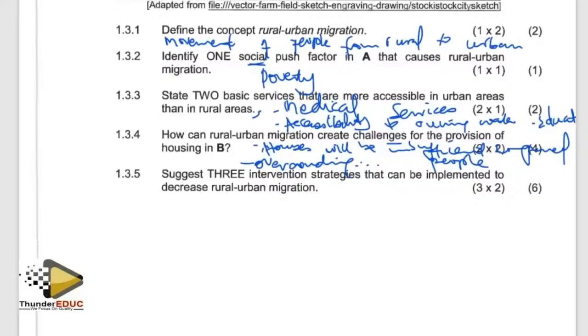Okay, suggest two intervention strategies that can be implemented to decrease the rural urban migration. In other words, what strategies can be put in place to ensure that rural urban migration is decreased? Those strategies are going to be like provision of basic services to rural areas.